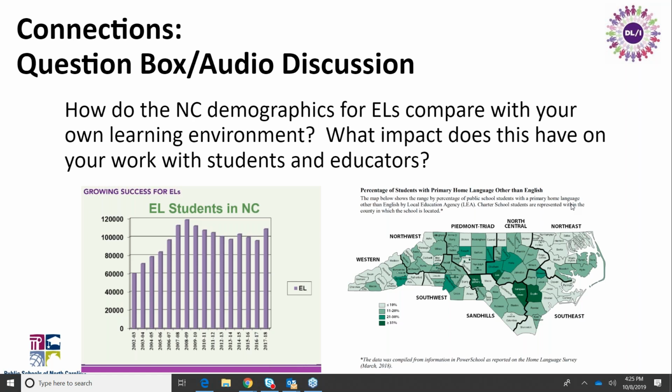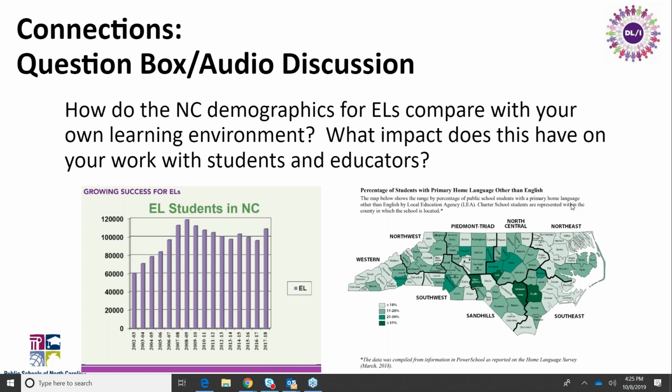They don't even know how to write their name. They don't know numbers. Even at the high school level, we have some students like that. That has been really challenging for the teachers, not only the ESL teacher, but the homeroom teacher also.